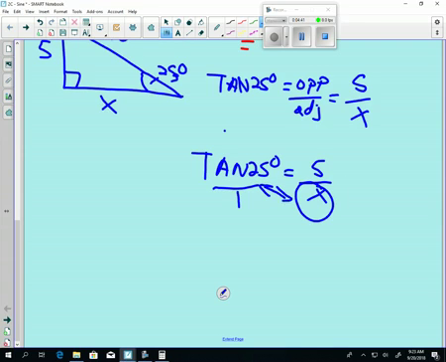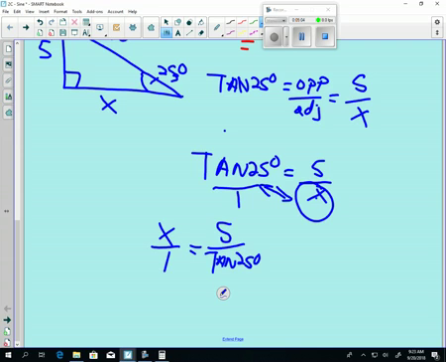I'm going to switch places, which means I'm going to put my x up here, and I'm going to put my tan on the bottom here. So I still have 5 at the top, but now I put my tan on the bottom. I just switched places here.